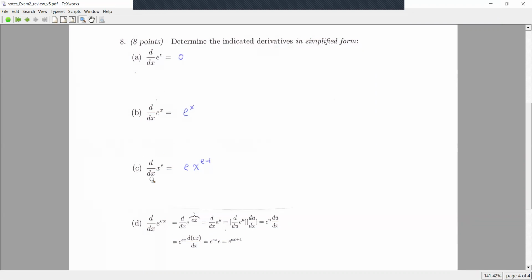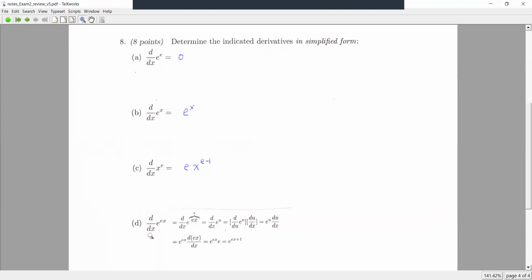Part C. Derivative of x to e is e times x to e minus 1. X to e is a power function, so we can apply the formula for power functions to compute this derivative.